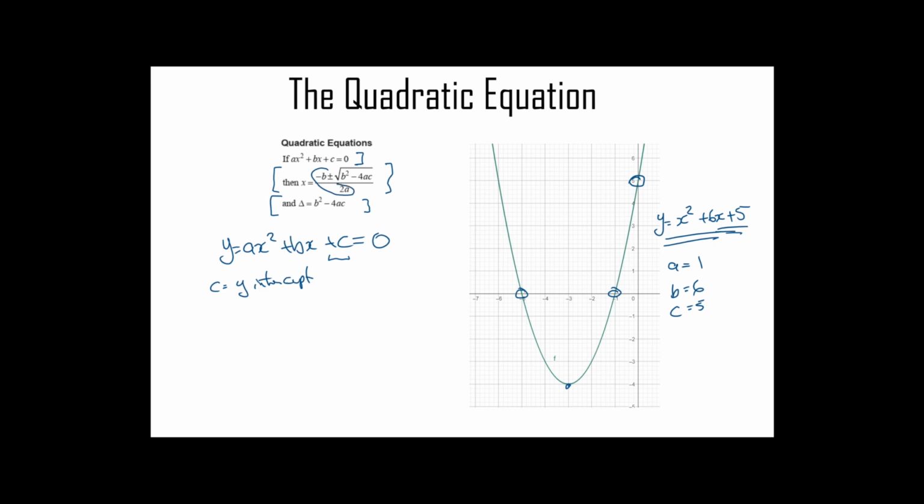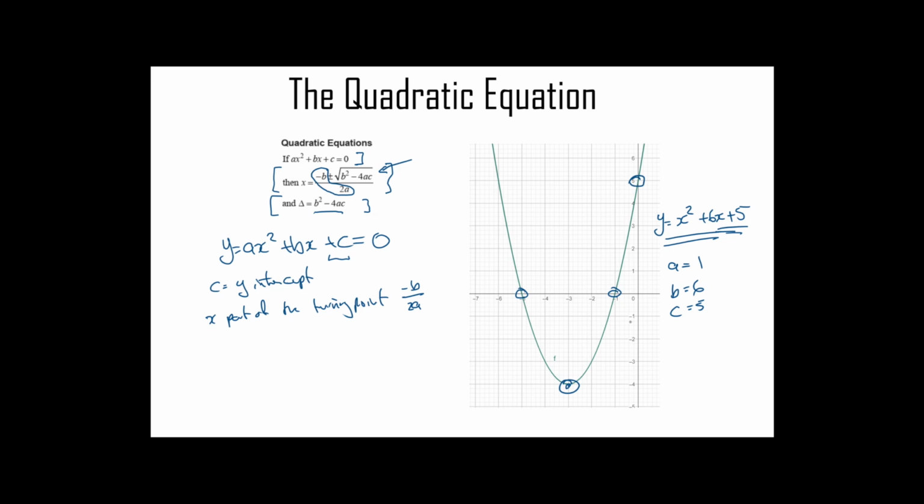A way to remember it: they give you this bit here, which is the same as this bit here. The x part of the turning point is going to be equal to minus b over 2a.